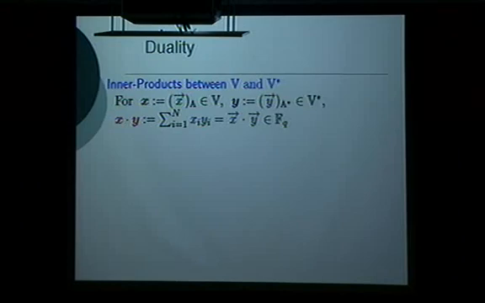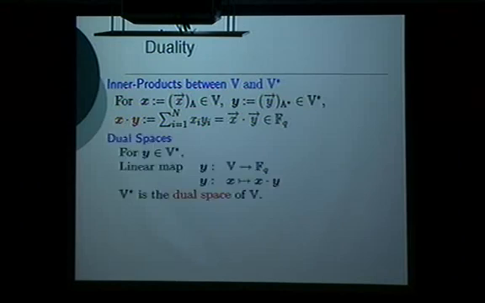And then we can define a duality. By using the inner product, we can define a linear map by Y from V to Fq, like this. We know that V star is the dual space of V in the standard way in linear vector spaces.